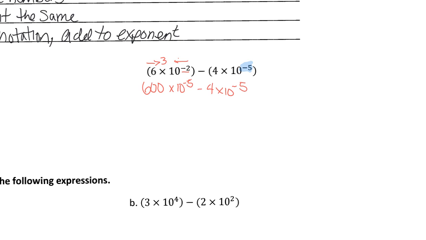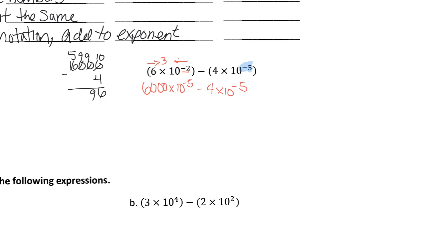Sorry, it should be 6,000. Dumb, Miss Myers. So 6,000 minus 4. If you don't know what that is, use your calculator or do subtraction.